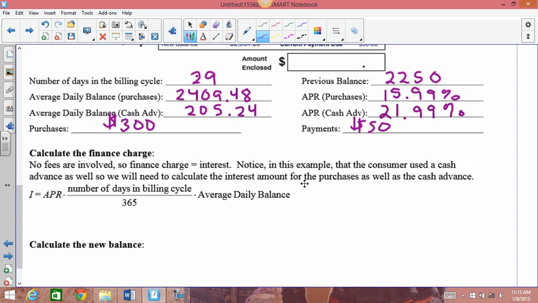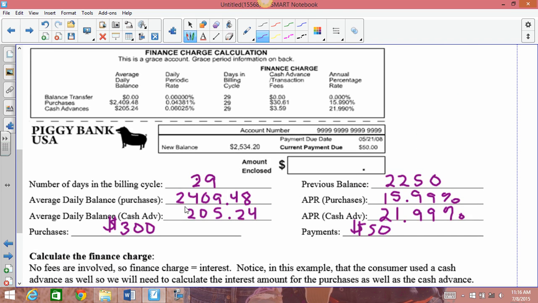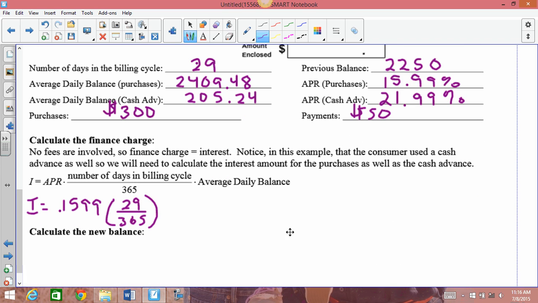For our purchase, I equals my APR on purchases, 15.99%, so 0.1599, times the average days in the billing cycle, 29 over 365, times the average daily balance, which we've already written there, 2409.48.